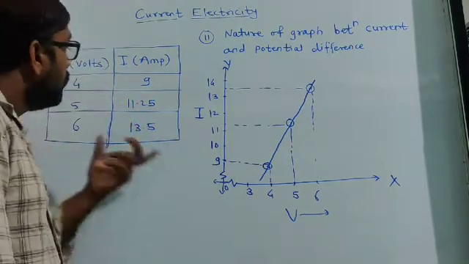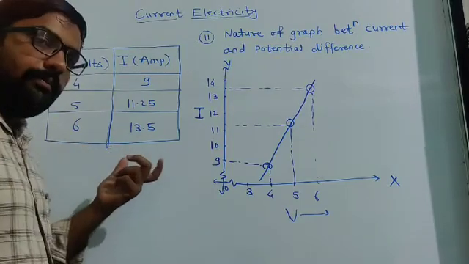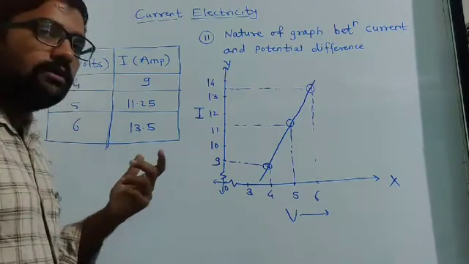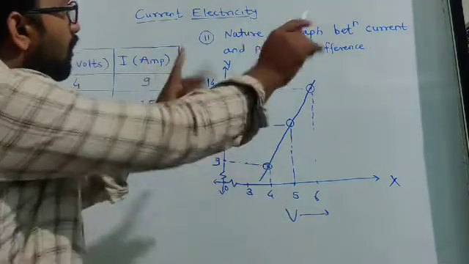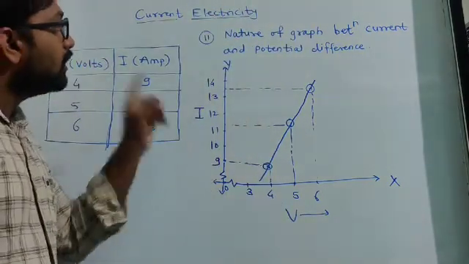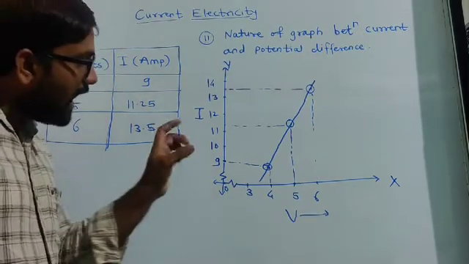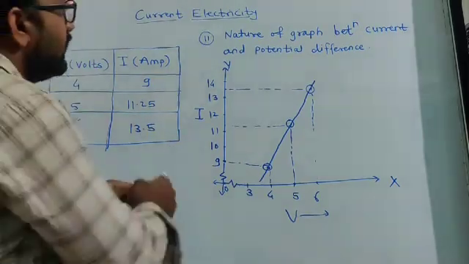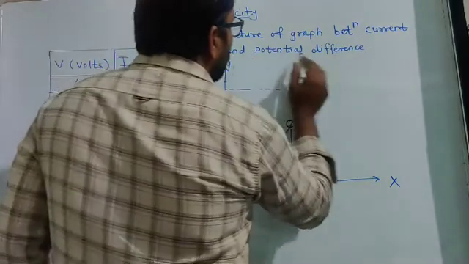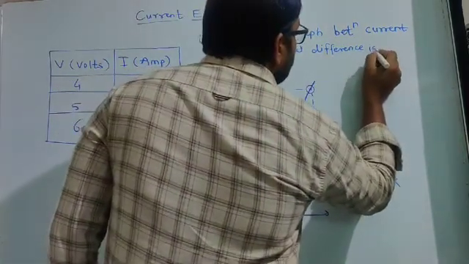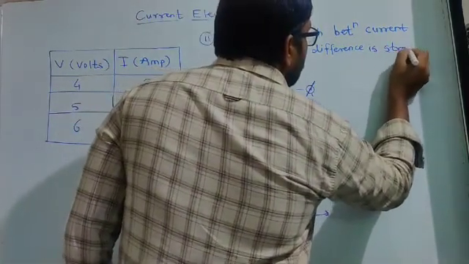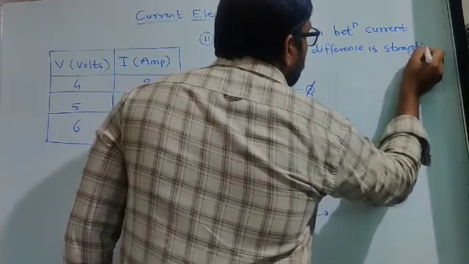So from this graph we can see the nature of the graph between current and potential difference. In the answer we have to write that the nature of the graph between current and potential difference is a straight line.